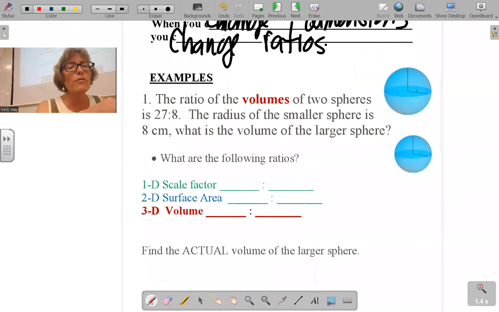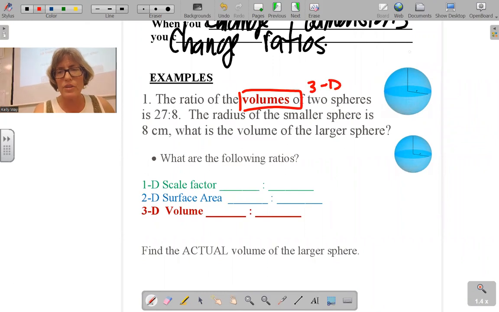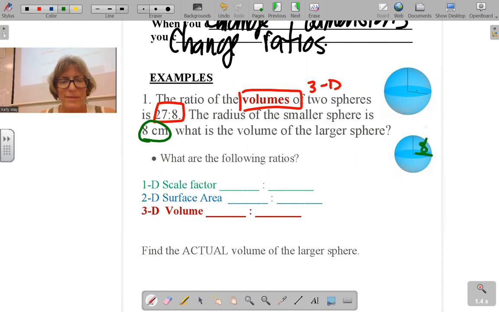Says the ratio of the volumes, right above the word volumes, put 3D, of these spheres is 27 to 8. The radius of the smaller sphere is 8 centimeters. What is the volume of the larger sphere? Okay, so step 1, the ratio of the volumes is going to be larger to smaller, 27 to 8.